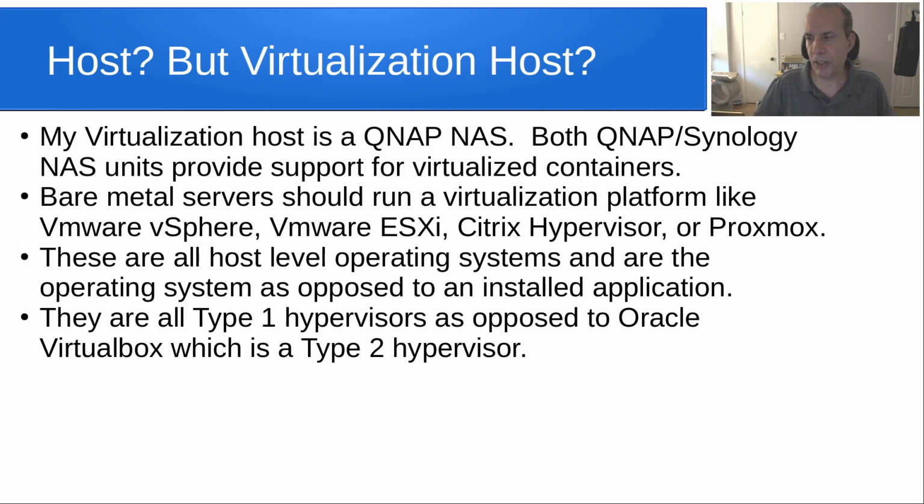And that's as opposed to something like Oracle VirtualBox, which is a type 2 hypervisor. You know, I got Windows 10 or I've got Ubuntu running, and I load Oracle VirtualBox on it, and then I create VMs underneath it. Sure, that works, but it's a type 2 hypervisor, and it's not nearly as efficient.